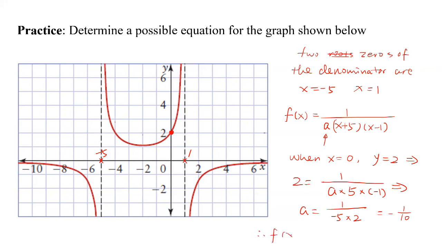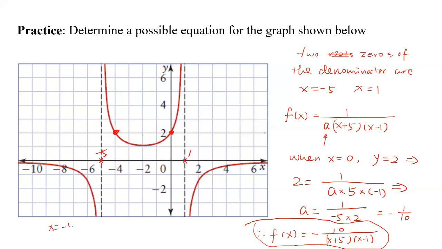Then f(x) equals -10 over (x plus 5)(x minus 1). Remember that you can always verify your result by putting another point in. Probably we can check this point here.